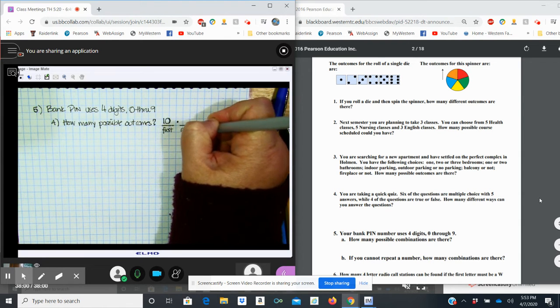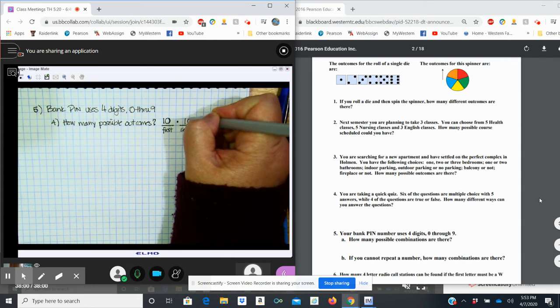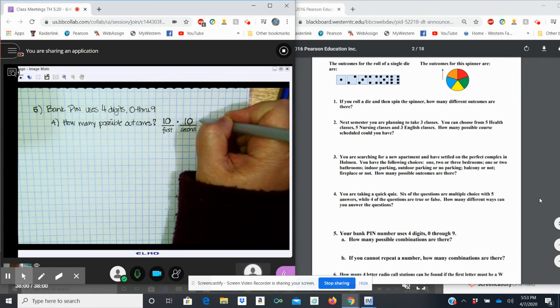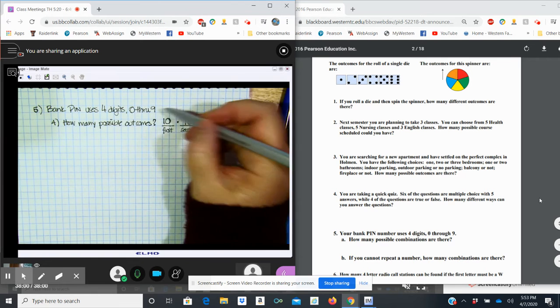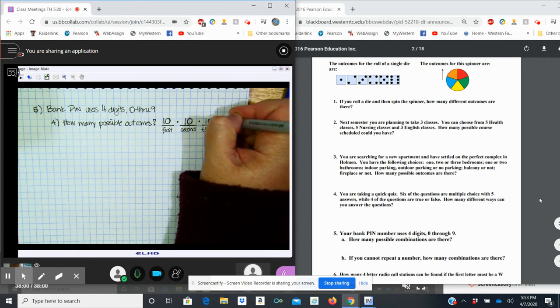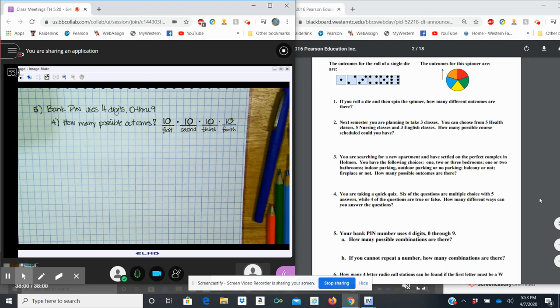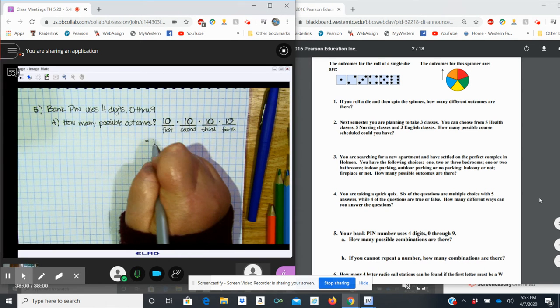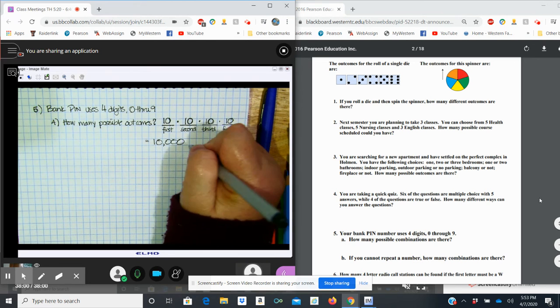For the second digit, how many possibilities are there? It is still 10. We put no restrictions on it. For the third digit, how many possibilities are there? Still 10, 0 through 9. And for the fourth digit, still 10. So this is going to give us 10,000 possible outcomes.